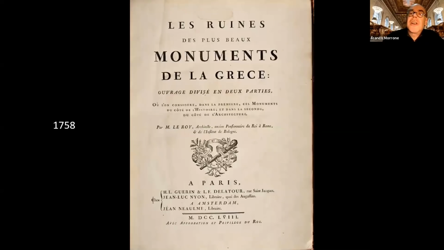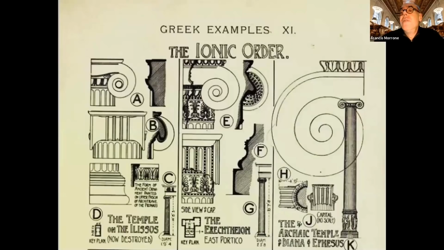And this comes from a book by Julien David Leroy, a Frenchman who actually beat Stuart and Revett to Greece, published his own book before Stuart and Revett could publish theirs. So there was this great competition between Stuart and Revett and Leroy, and man, they really bad-mouthed each other. But that's a story for another day.